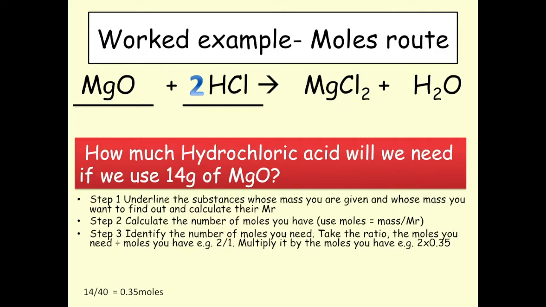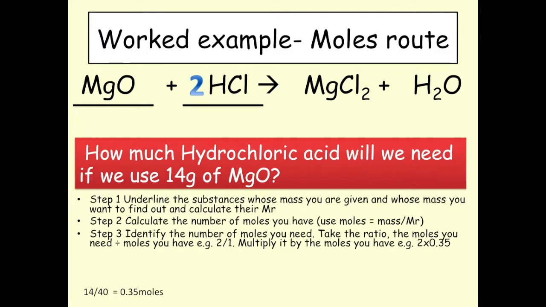Okay? What that big 2 in front of the HCl is telling you is that 2 moles of HCl are going to react with 1 mole of MgO. So we know then, therefore, we've just worked out we've got 0.35 moles of MgO. So how many moles are going to react with that?